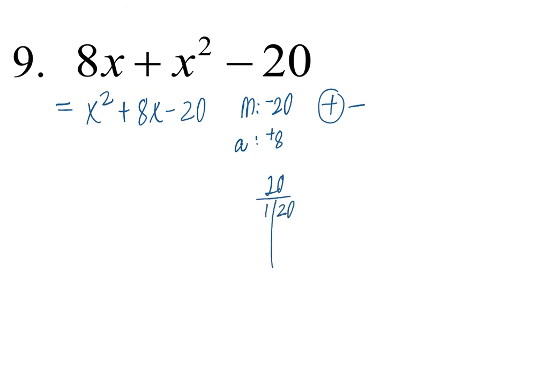1 and 20. 2 and 10. 3 doesn't go into it. 4 and 5. 5 and 4. And our largest number is going to be positive. That means the smaller will be negative. So let's go through and make the smaller ones negative and see if anything adds to give me positive 8, and the negative 2 and the positive 10 do.